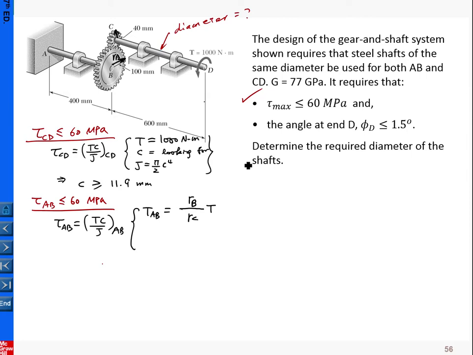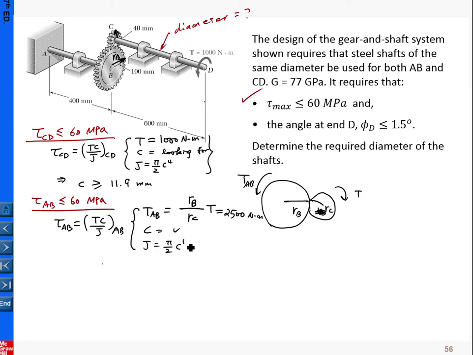Okay, so if you remember, this is our shaft here, and here is our torque, and this is RB, and this is our RC. So we have this one here: 2500 Newton meters, and C is the number we're looking for, and J equals pi over 2 C to the fourth power.